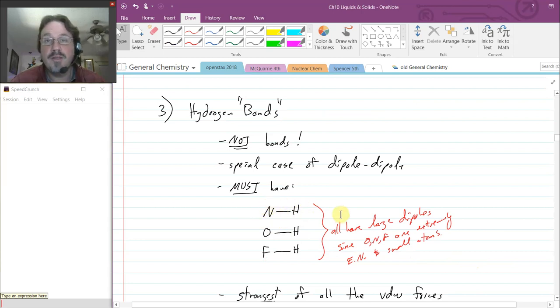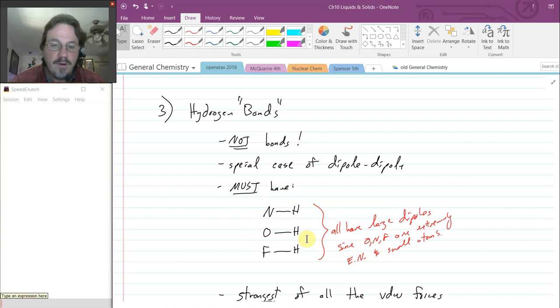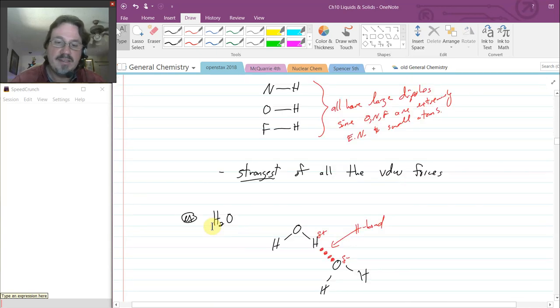So it's a partial positive, it's a partial negative, but it's a big dipole, bigger than the typical ones that are formed from polar molecules. And so they're going to have especially strong ones. And also, again, because of the small size of both the nitrogen, oxygen, fluorine, and the hydrogen, these dipoles can actually get very, very close together, which again strengthens the attraction that they're going to feel. All right, so they're very, very strong dipoles, and that's the key there.